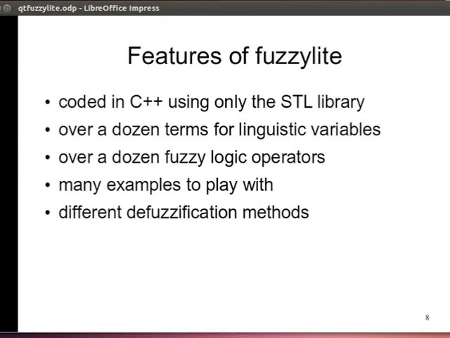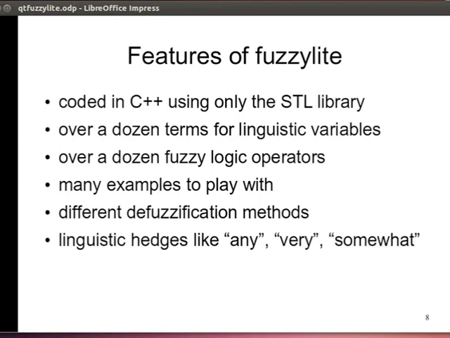Different defuzzification methods, for example the bisector, the centroid, the maximum defuzzifiers, amongst others. Linguistic hedges, which you can utilize like any, very, somewhat in the rules. So for example, you would say if the food is very good, then the tip is very generous.